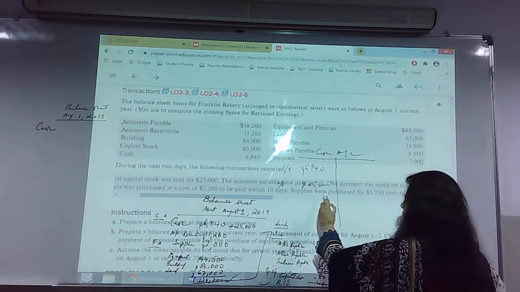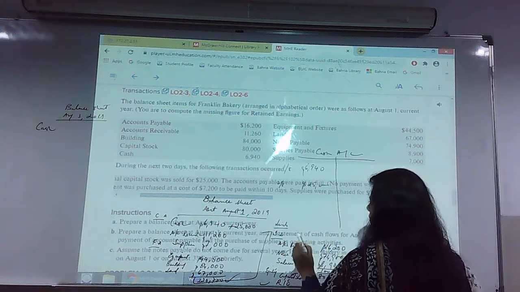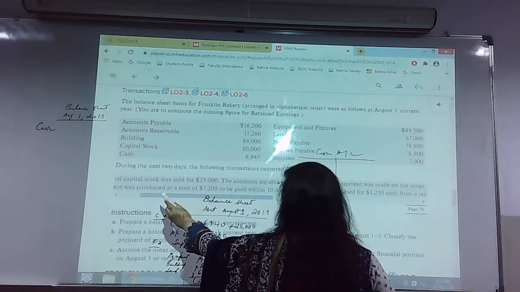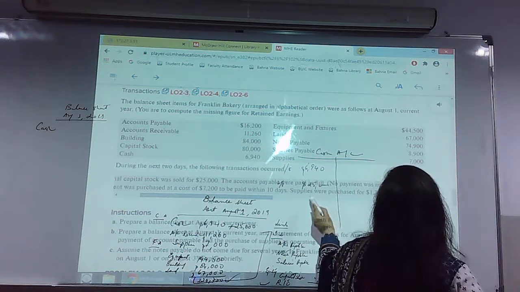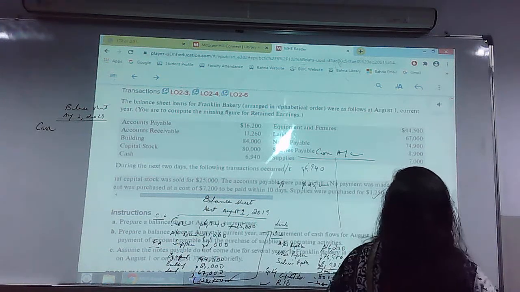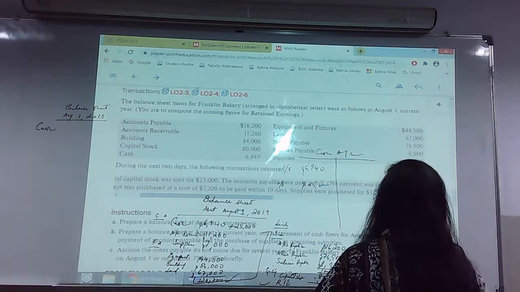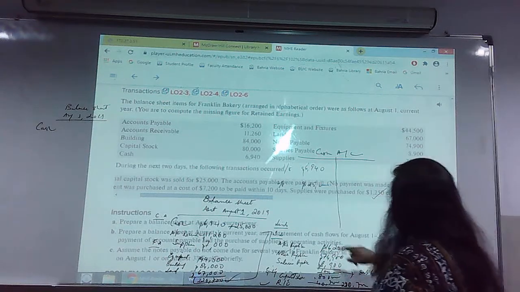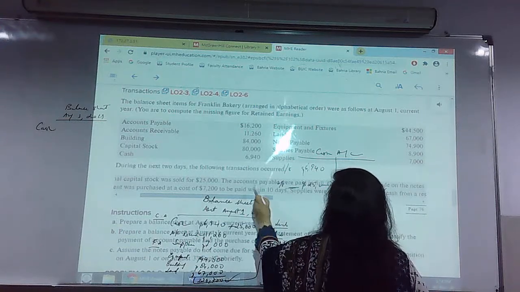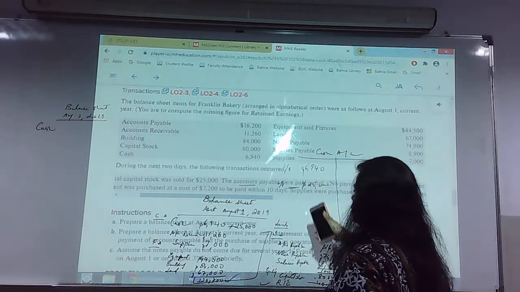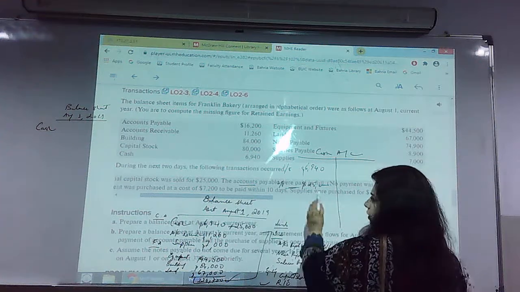Now this is still not complete because the equipment was purchased at cost to be paid within 10 days, and supplies were purchased for 1250. And accounts payable were paid in full. So you got the capital stock, you got further cash.